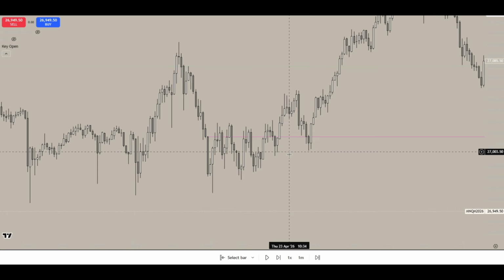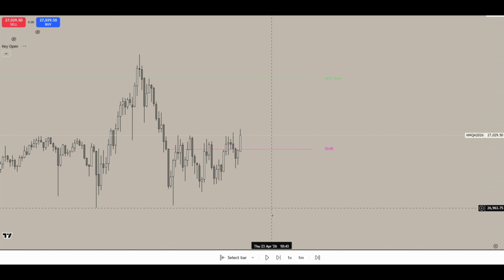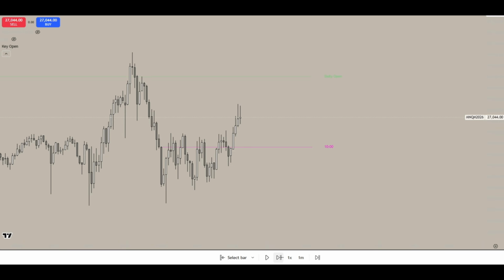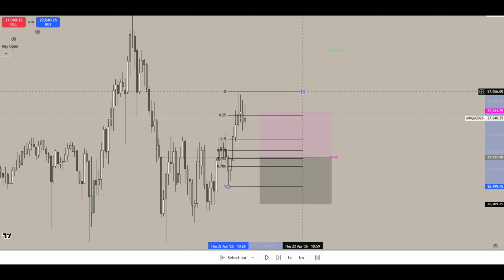So what do we see here? One second, gonna do it like this. Manipulate above it. Get a proper breakout, a breakout we can use. And then we can, boom, set our limit, take out our fib.